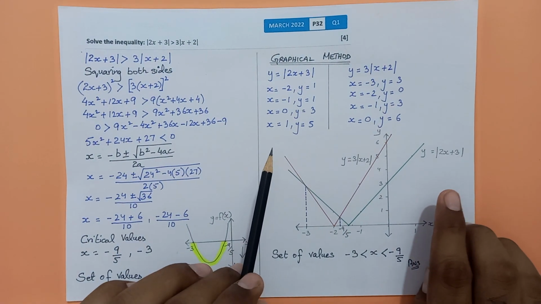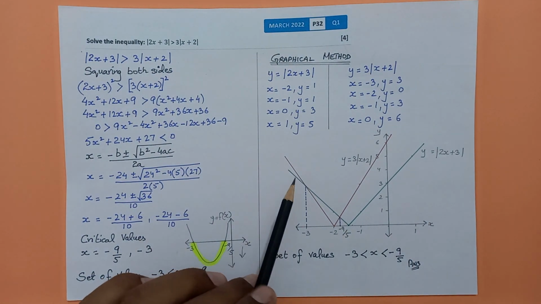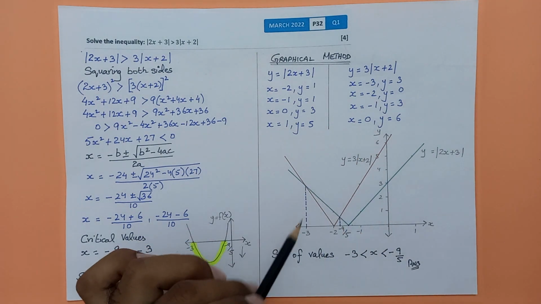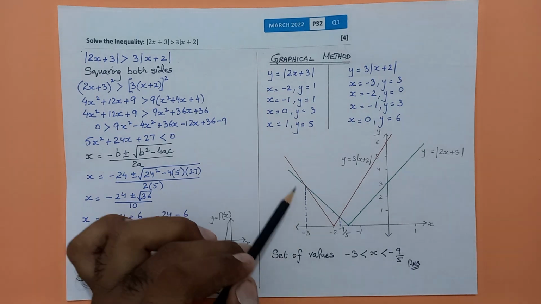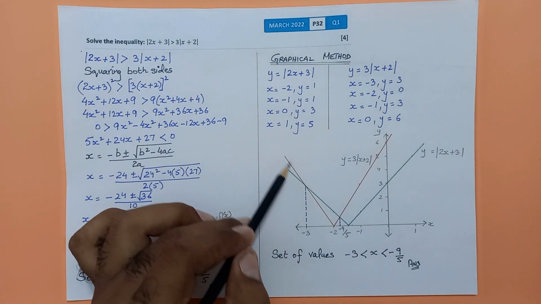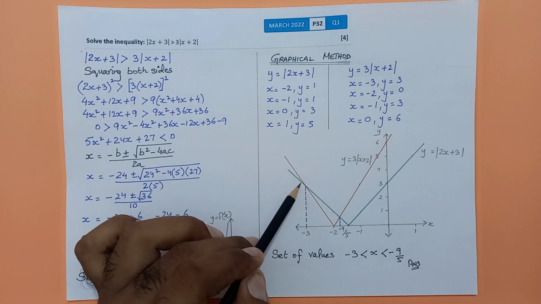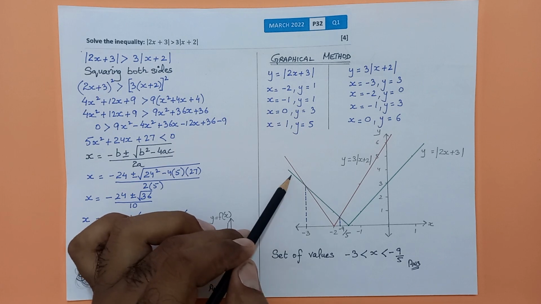When we say green one is greater than red one, what does that mean? If we just observe the graph, if we take any value less than -3, we can observe that the red line is above the green line. That means the red line is greater than the green line.